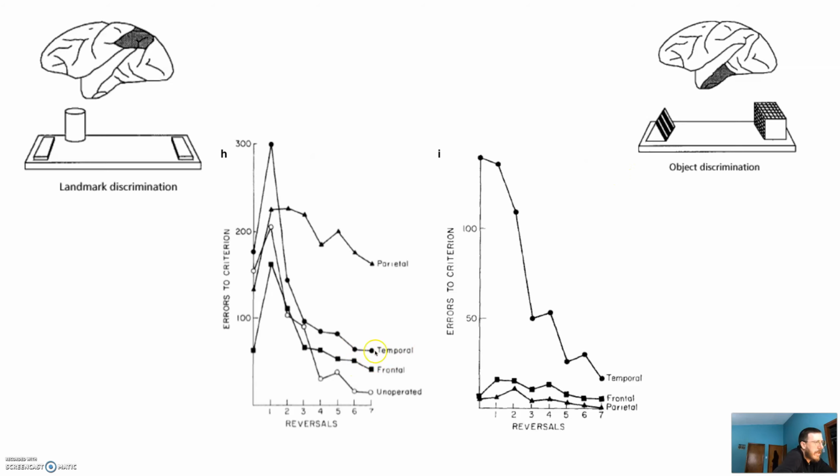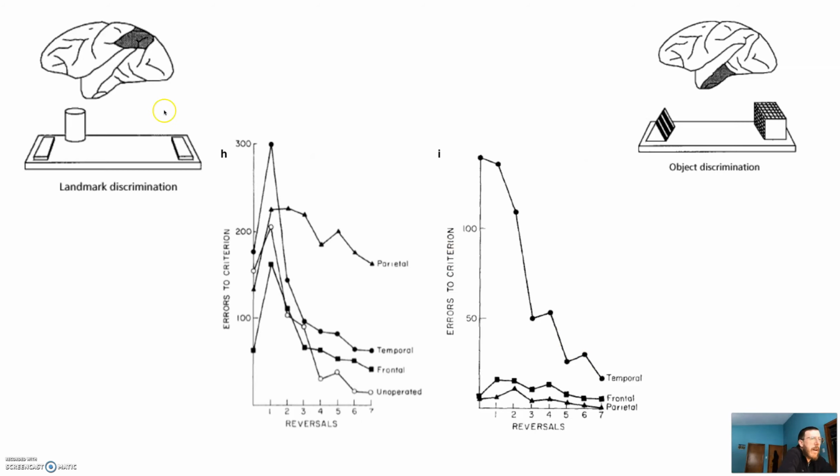Notice how monkeys with temporal lobe lesions could do the first task just fine, but when you get them to do this other task, in which they have to identify which object the food is under and remember that over the course of the trial, and then it reverses to be under the other object, you can see that with a frontal or parietal lesion, monkeys are quite good. They don't need to improve very much. With a temporal lesion, the monkey does very poorly, and only after a great number of repeated exposures to this task do they begin to get better.